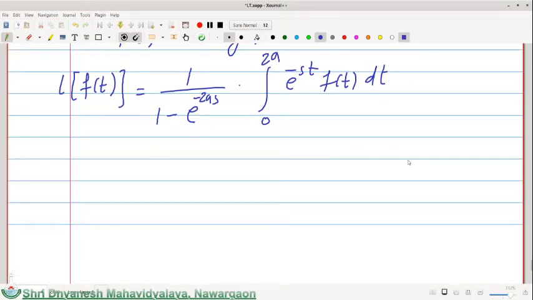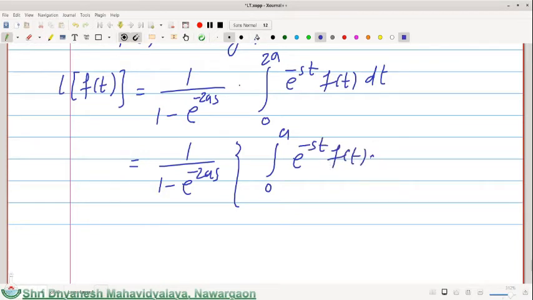So now what will be the next step? It is 1 upon 1 minus e to the power minus 2as. You now divide this path into two. One path is 0 to a of e to the power minus st f of t dt, and the other path is a to 2a. This is the property of definite integrals, e to the power minus st f of t dt.